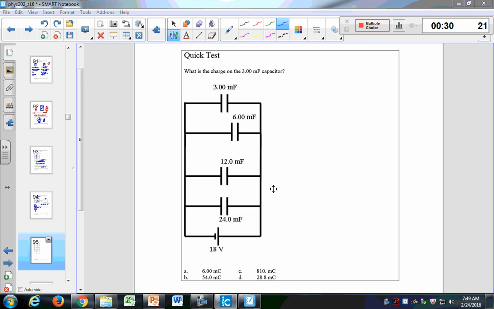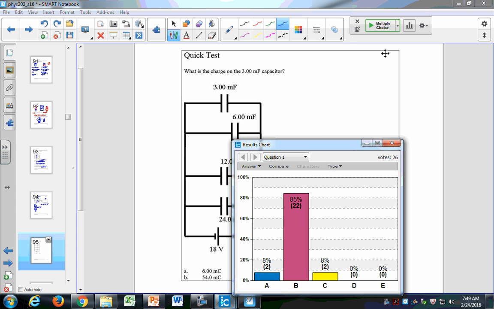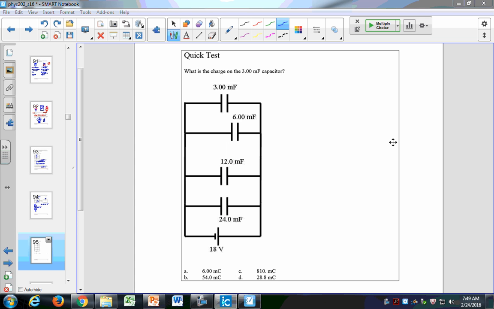All right, I'll stop at 40 seconds. Okay, good. B is right. All of these are going to have the same voltage. I have 18 volts here, 18 volts, 18 volts, 18 volts.